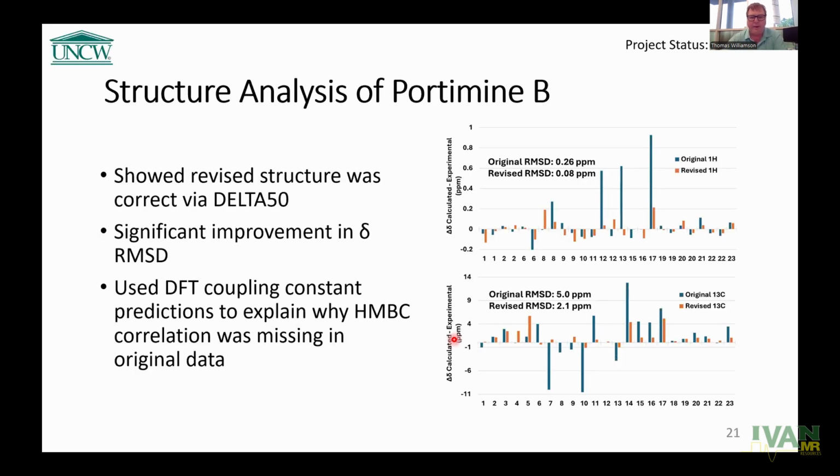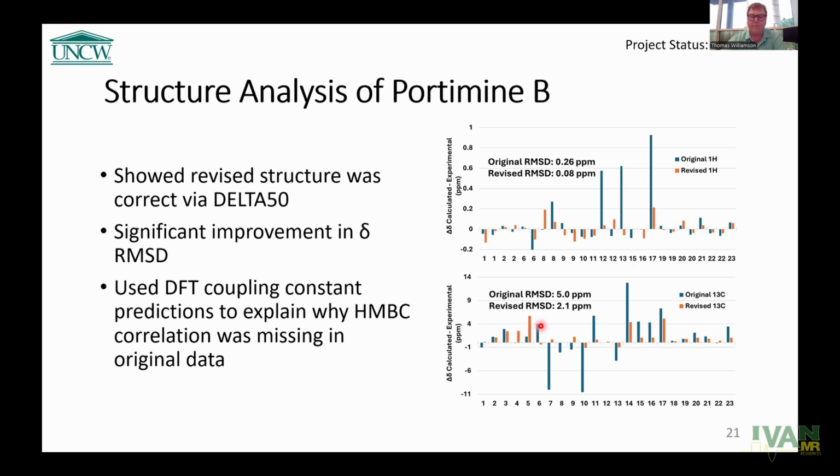But anyway, when we did these calculations, it's kind of hard to see all these data. But at the end of the day, the main thing to point out is that both our proton and carbon data were the first supporting data that we had for the revised structure, and they clearly agreed better with the revised structure than with the original proton and carbon data.